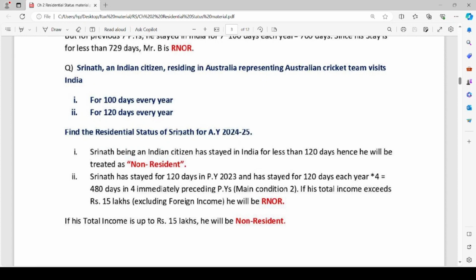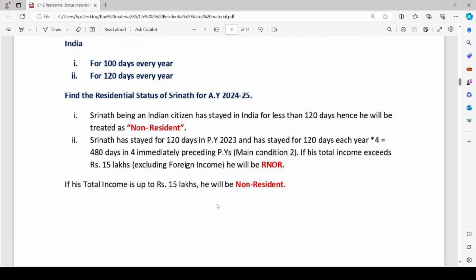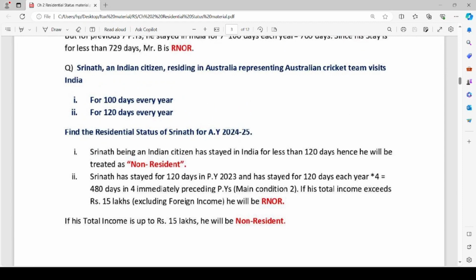And if Srinath's total income exceeds rupees 15 lakhs, that is excluding the foreign income, he will be treated as RNOR. Now, here nothing is mentioned in the question about his total income. So let us consider if the total income of Srinath is up to rupees 15 lakh.